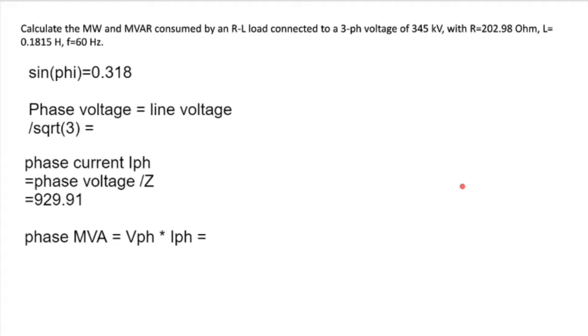Give me the answer of this per phase megavar. Again, it should take 3 seconds. It's taking 3 months.